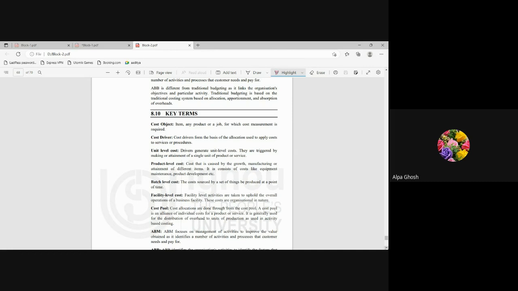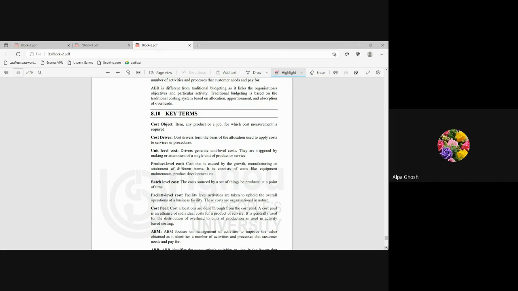These costs are organizational in nature. What facilities are available for each level of activities? Then what is cost pool? Cost pool means the cost allocation is done from the cost pool. A cost pool is an alliance, a venture of individual costs for a product or service.